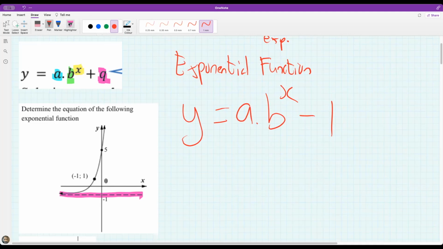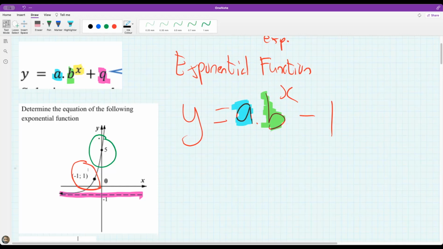All right, next we have to go after either the b or the a. What other information do we have? Well, we have this one, I'll call it the red point, and then we have the green point. What would you try and find next, a or b?